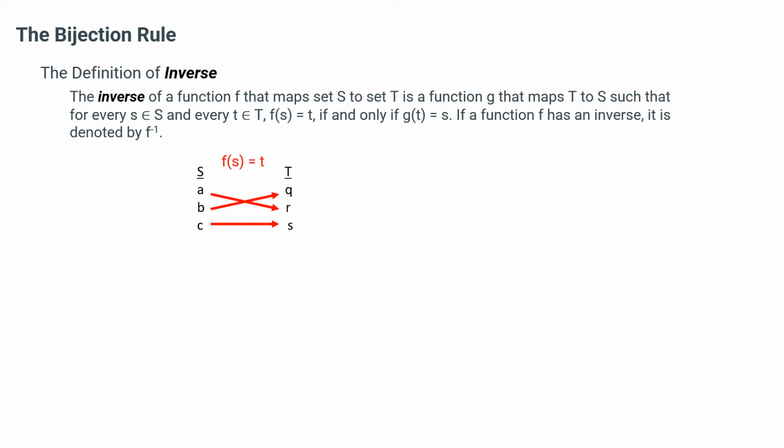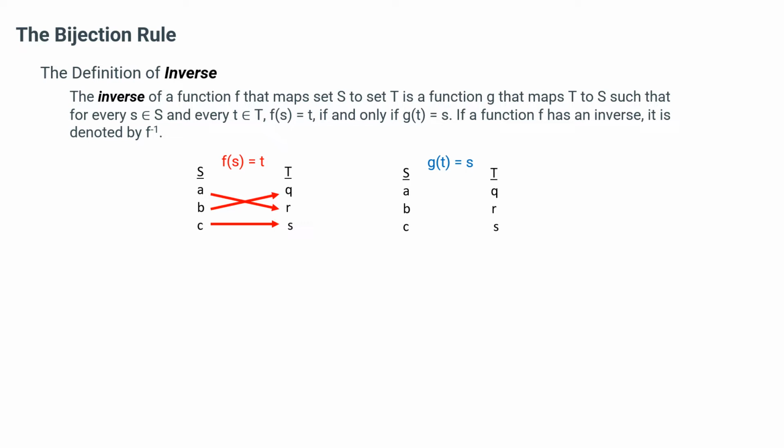Okay, if that is our function f, we see that we have elements from S being mapped to elements in T. Now let's look at a possible inverse. Let's call it g.